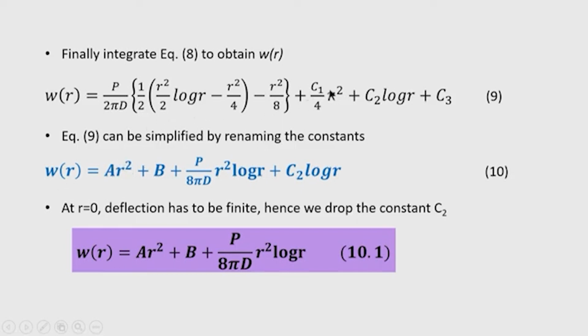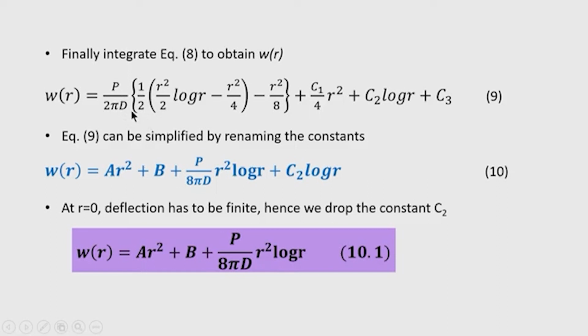We have isolated all r square terms, and this constant is named as A. So, A r square. Then the sole constant C3 we have taken here and freshly named as B. Then the term with P.